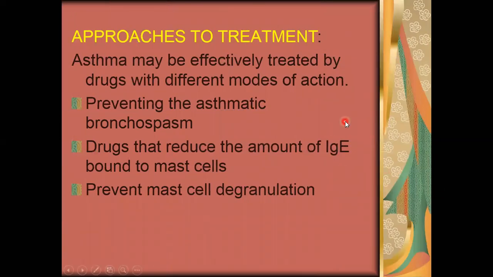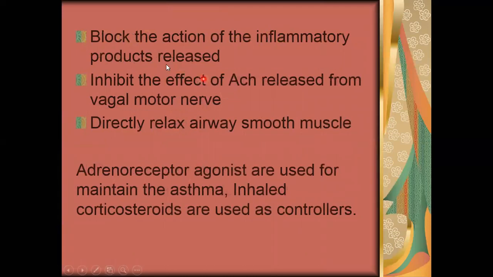There are many approaches to treat asthma. Based on the pathogenesis, there are different approaches, like preventing the asthmatic bronchospasm or reducing the amount of IgE bound to the mast cells, or preventing mast cell degranulation, or blocking the action of inflammatory products released from the mast cells.